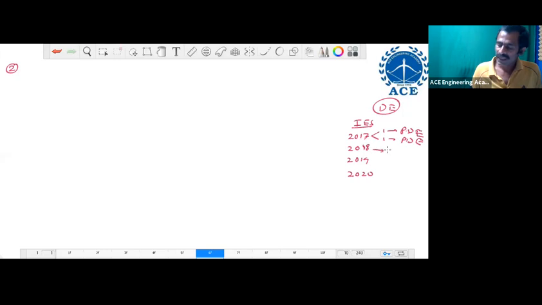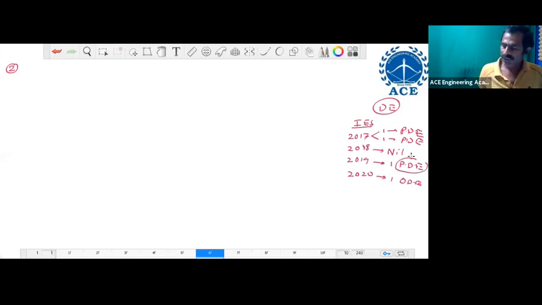In the year 2018, from the differential equation topic, no question was given. Nil, no question. In the year 2019, 1 question was given on partial differential equations, 2 marks. In the year 2020, on the differential equation topic, only 1 question was given, that is from ordinary differential equations. So first I am writing this question.